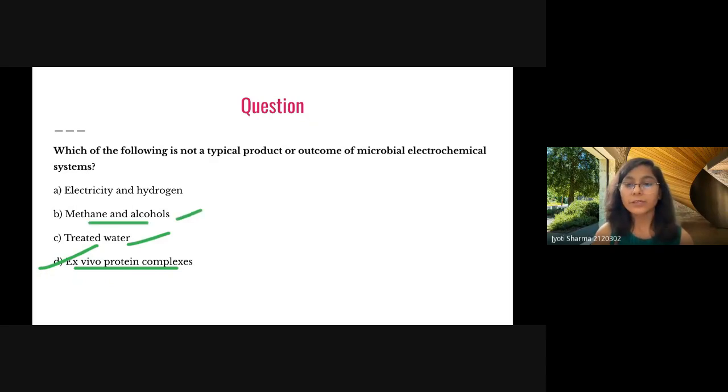And obviously, if it is electrochemical, that means we are using chemicals to generate the electricity, then electricity will also be generated along with the hydrogen. So these will be the products produced by your microbial electrochemical system, but not ex vivo protein complexes. So yes, D is the right answer.